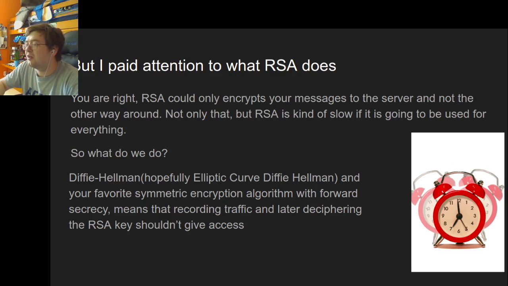We're going to use something called Diffie-Hellman. Diffie-Hellman is no longer a public key cryptography system, but now it's a symmetric encryption system. So you're not just going to encrypt one way, as with public key cryptography, but you're going to speed things up by using Diffie-Hellman to create a shared private key for the session, and then you can use whatever your favorite symmetric encryption algorithm is, because Diffie-Hellman kind of suffers the same speed issues that RSA does.